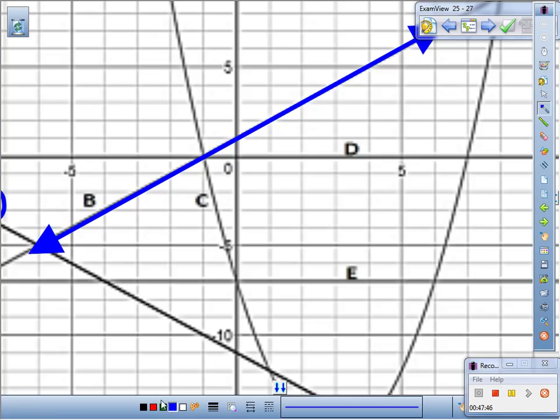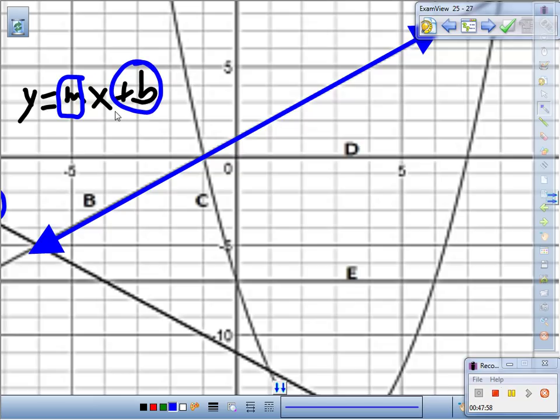So to write an equation, we always start with what? Y equals mx plus b. So what do we need? We need a slope and a y-intercept. The easiest one to look at is the y-intercept. Where does it cross the y-axis, everyone? Right here, which is at 1. So therefore, this is plus 1.